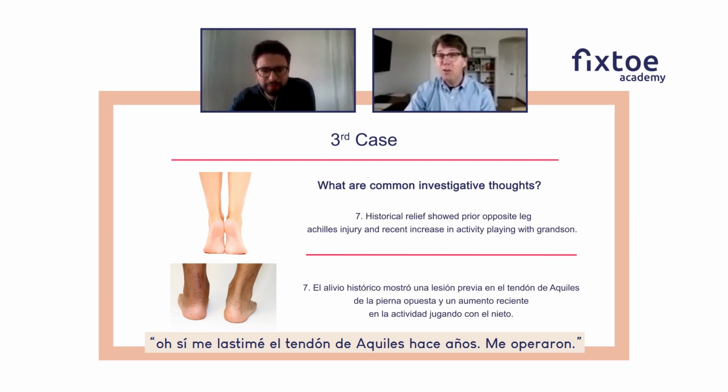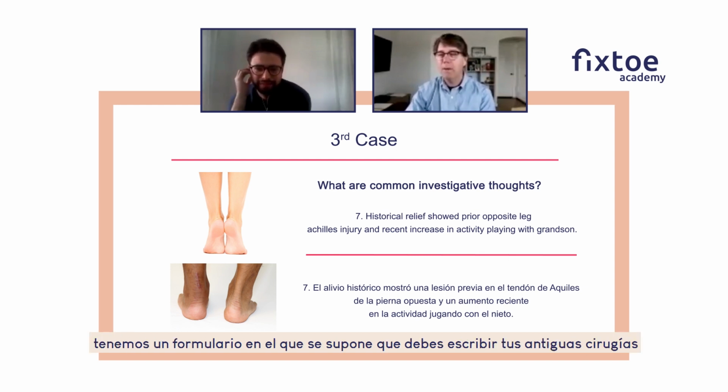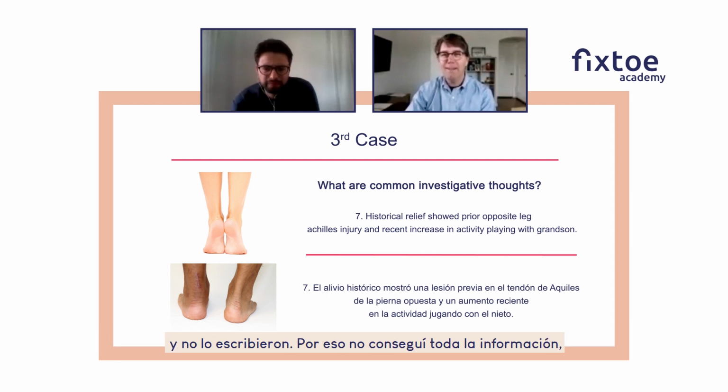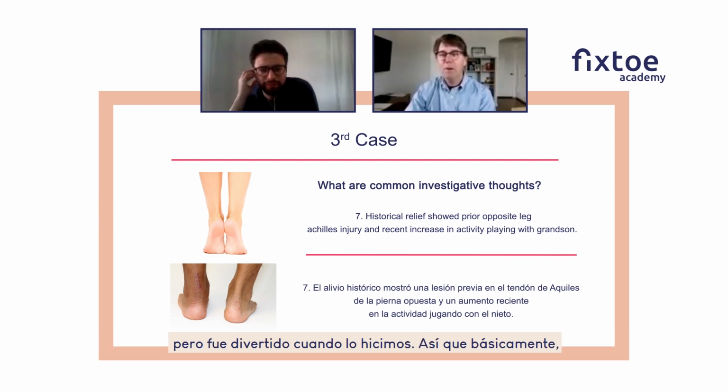I had surgery on my Achilles. Sometimes that comes out. It doesn't come out on the initial exam. They don't mark it on the form that you're supposed to write your old surgeries down on, and they didn't write it. So this is one where I didn't get all the information. I didn't test for all the information. It took a while to figure it out, but it was fun when we did.